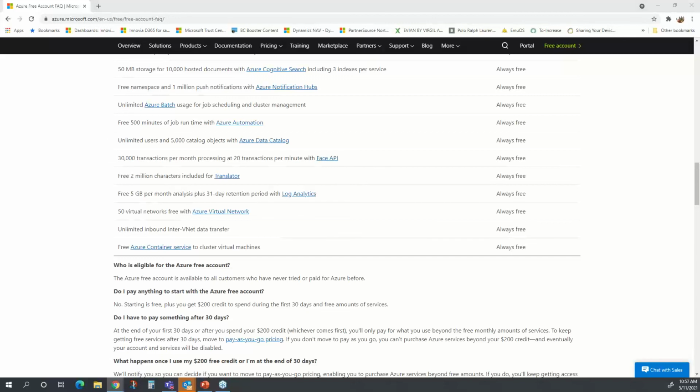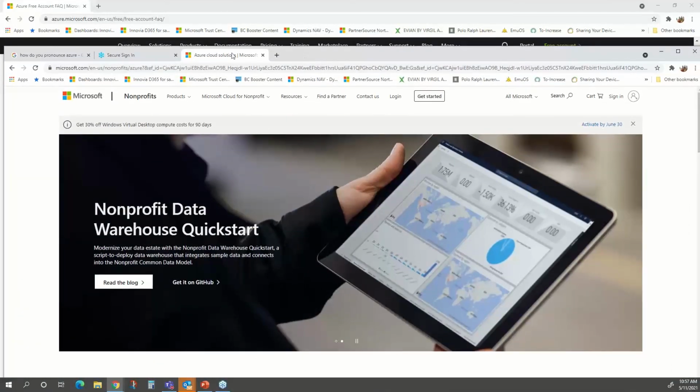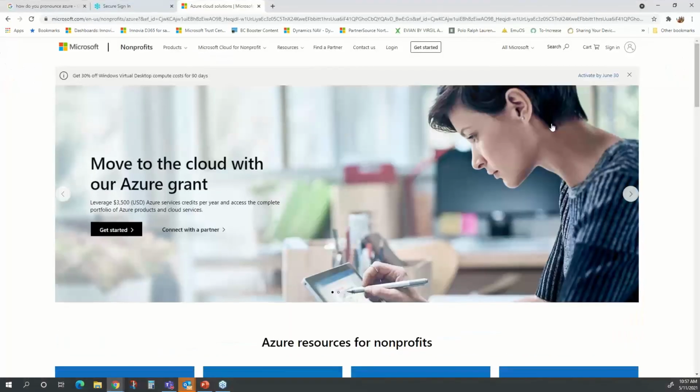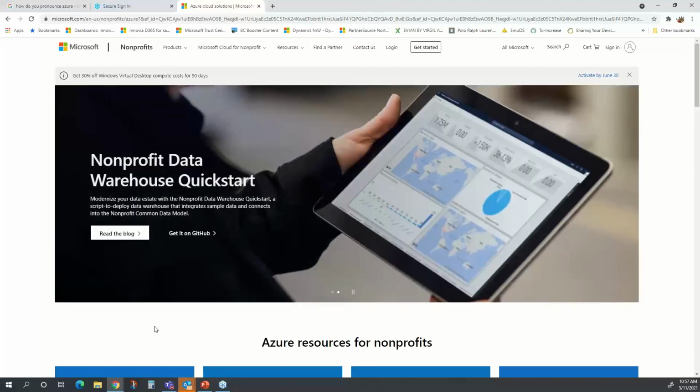Microsoft gives $3,500 of Azure services credits per year. How you choose to spend that is up to you. There's certainly a process of being approved as a nonprofit and then obtaining that Azure credit.